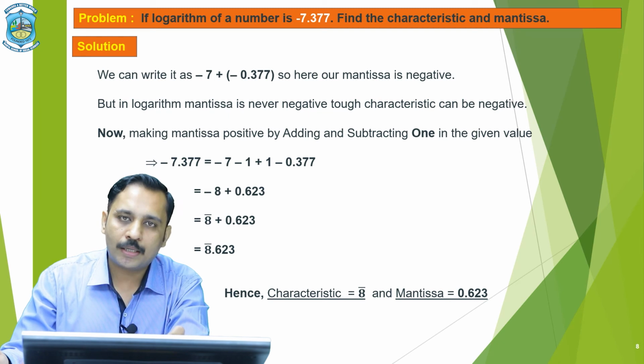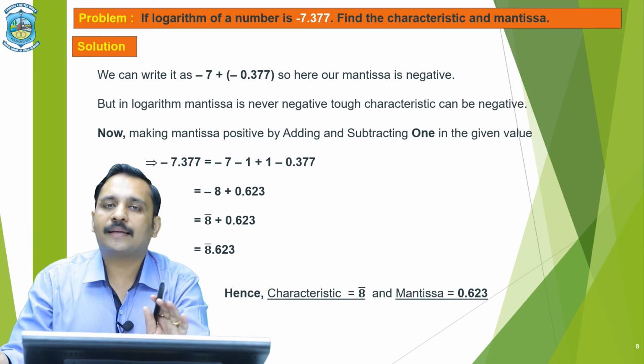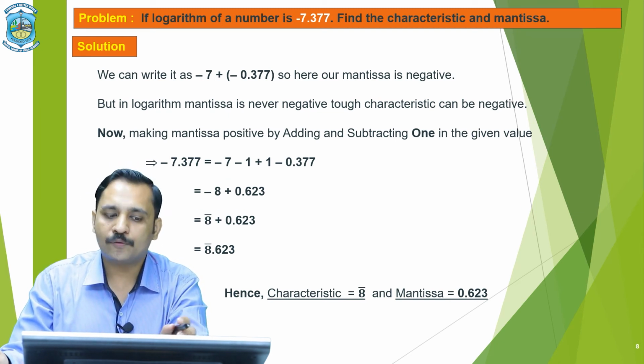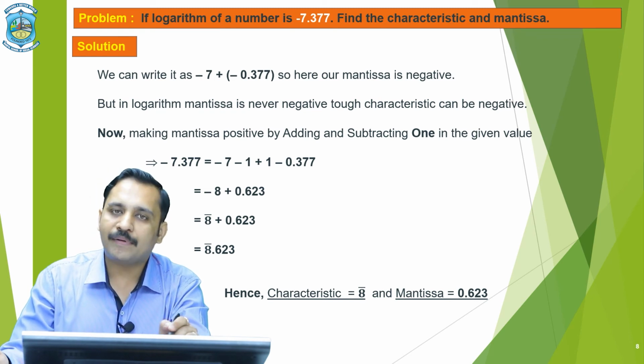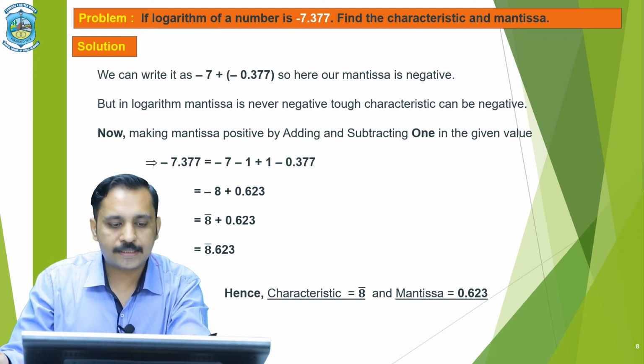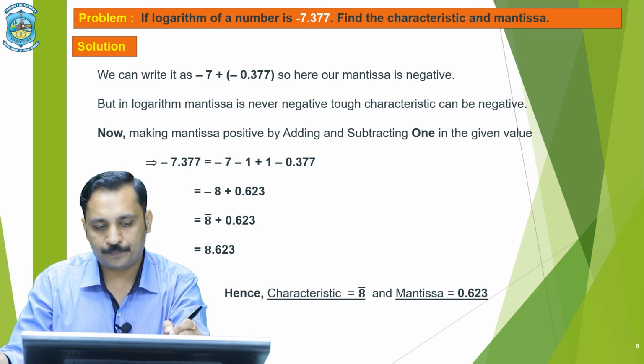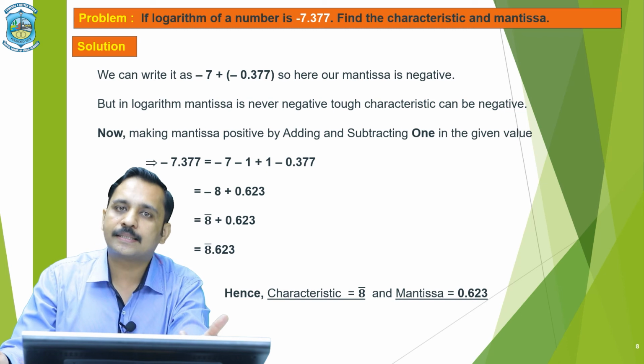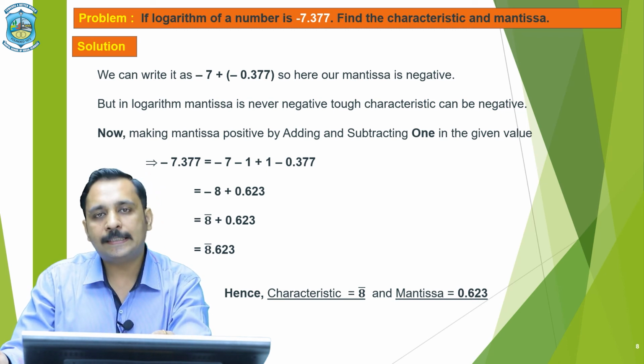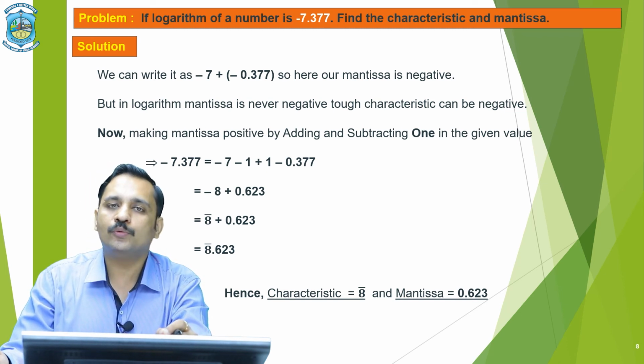Minus 7 minus 1 is equal to minus 8. The characteristic part can be negative. So we have minus 8, or we can write it as 8 bar. Hence, we have the total value as 8 bar 0.623. Hence, our characteristic is 8 bar and our mantissa is 0.623.